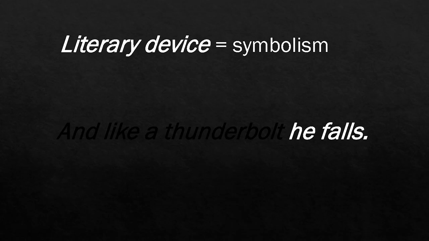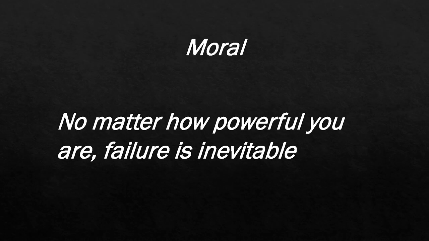The next literary device present in this line is communicated through the word falls. Now, falls is a symbol of death, demise, and failure. So no matter how powerful the eagle is, it had to face its inevitable demise, failure, or death.